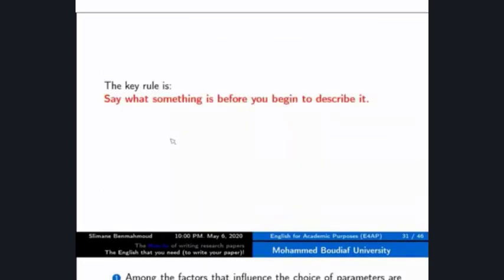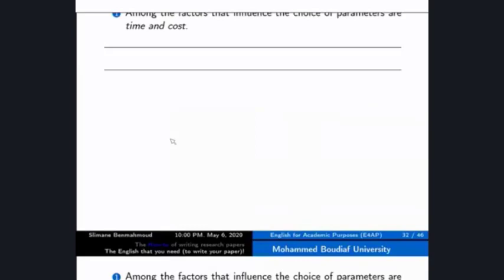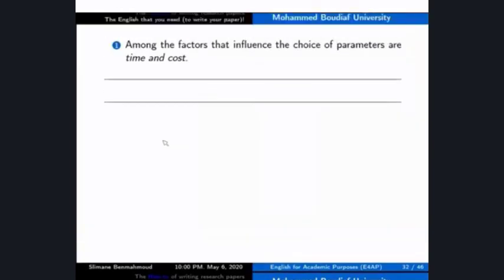Okay, the key rule here is to say what something is before you begin to describe it. Let's give an example. Among the factors that influence the choice of parameters are time and cost.